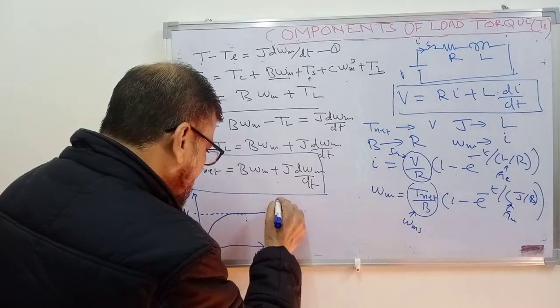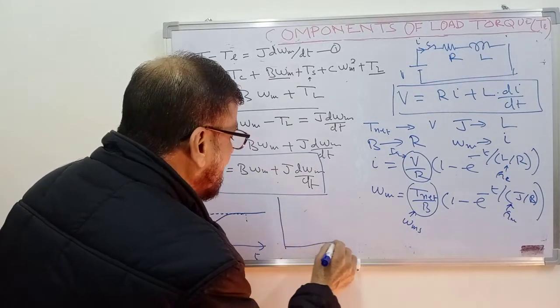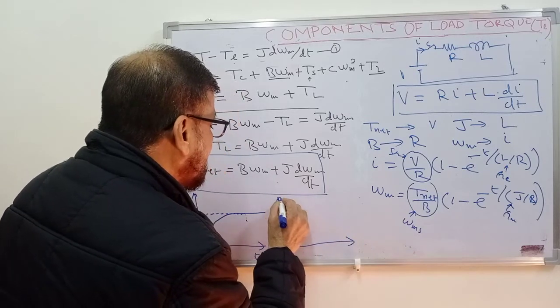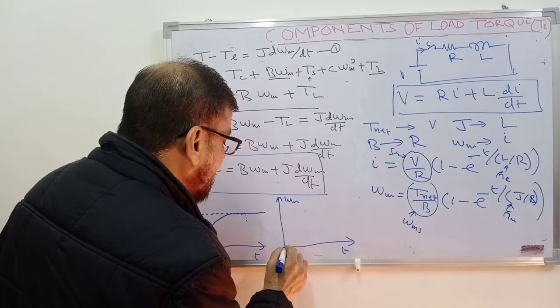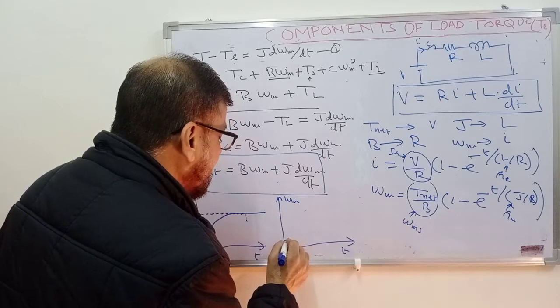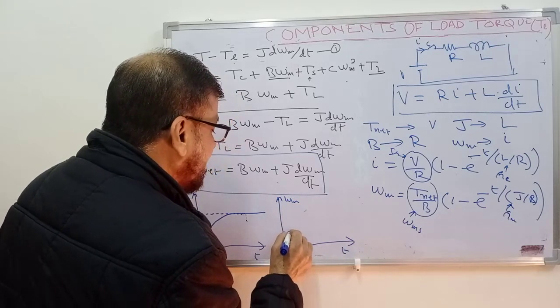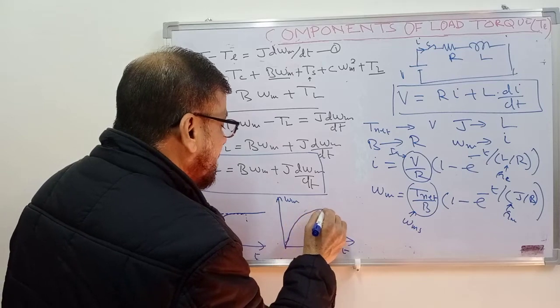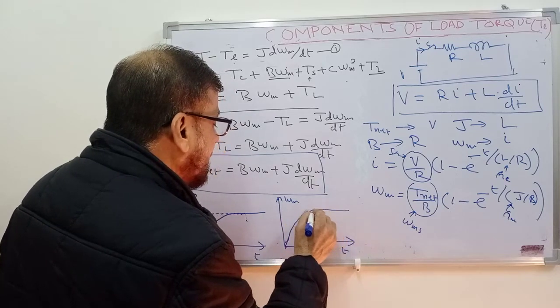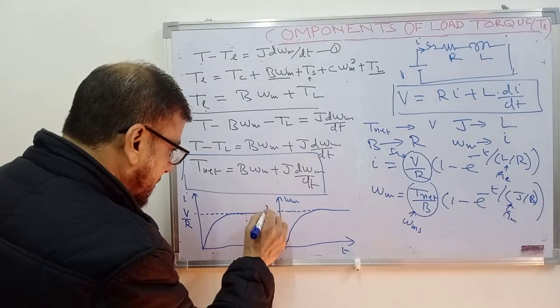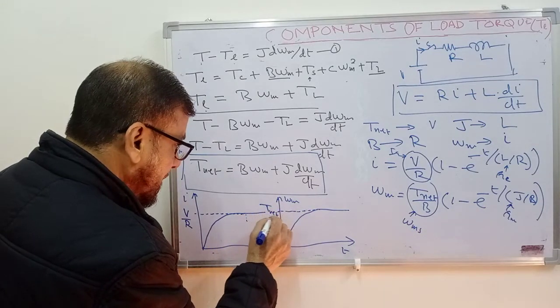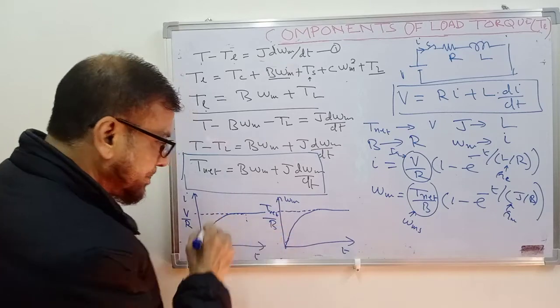Similarly here also, if you plot speed with respect to time, the speed will rise initially linearly, then it saturates to the steady state speed omega ms, that is T net upon B.